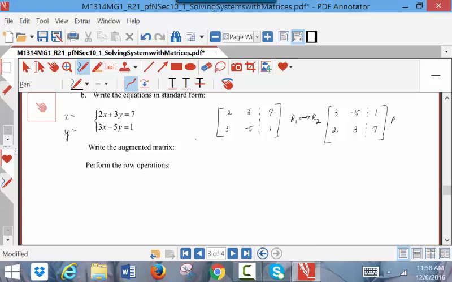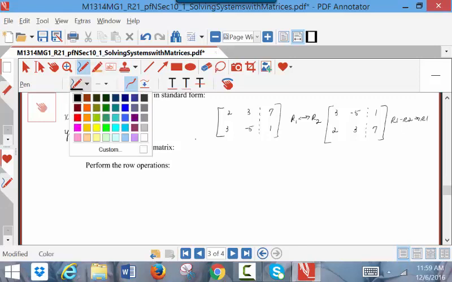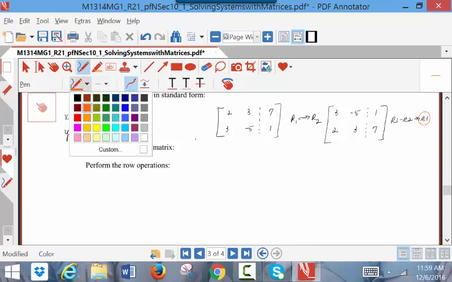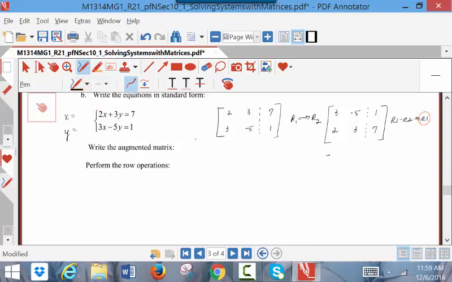Now I'm going to take row 1 minus row 2, because that'd be 3 minus 2, giving me a 1 in that top position. Row 1 minus row 2 back into row 1. So ultimately, my row 1 is going to change. So I'm going to write the matrix again, leaving row 2 alone.